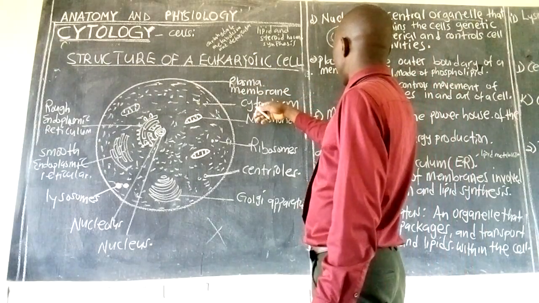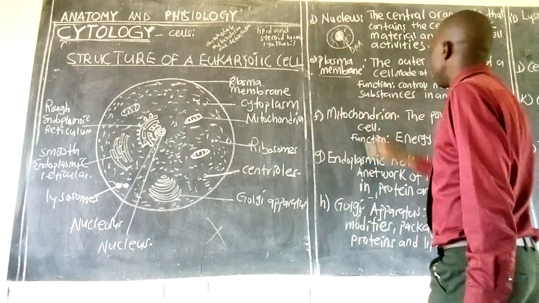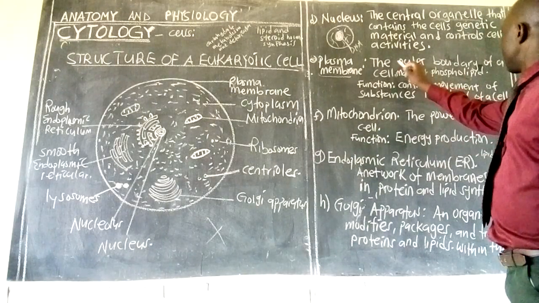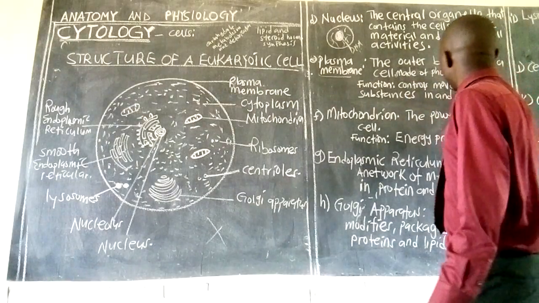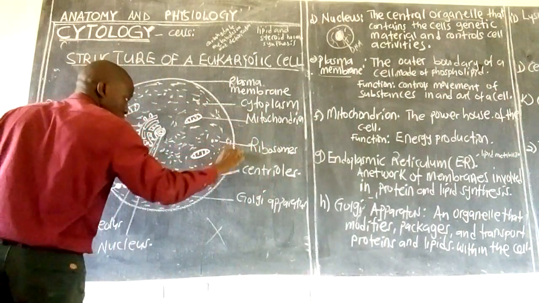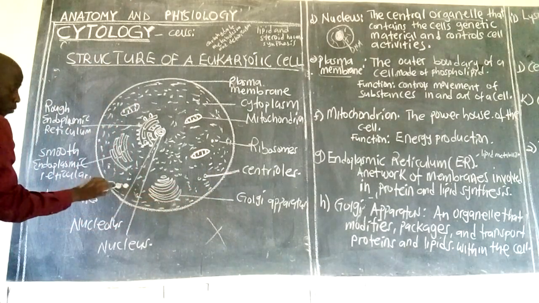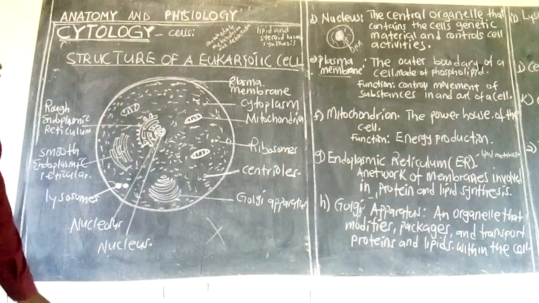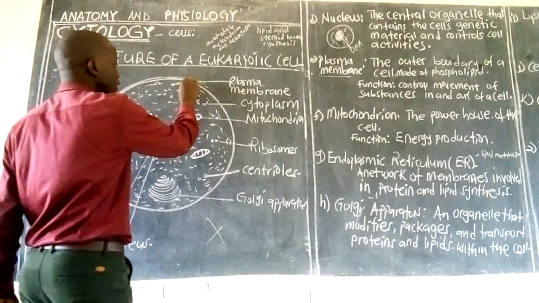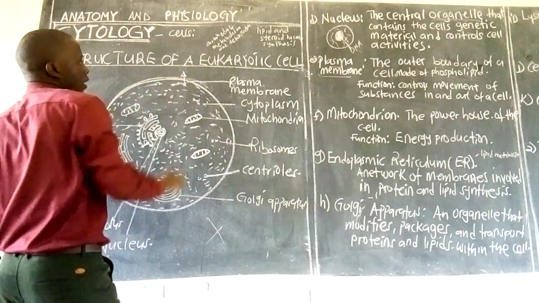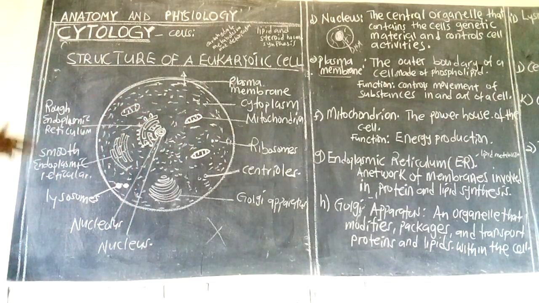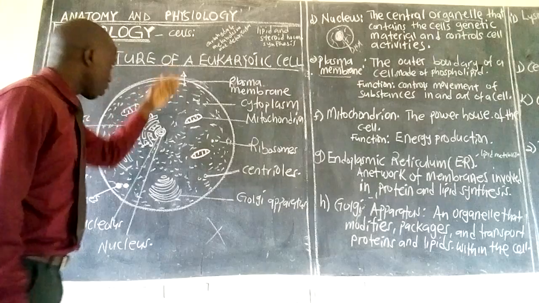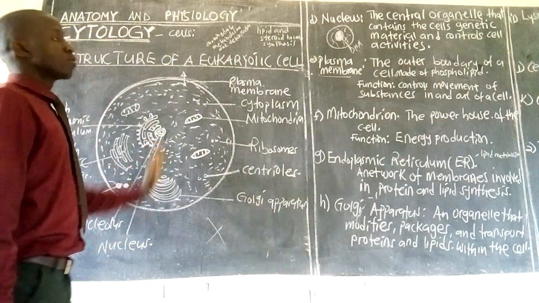The second main component I talked about is the plasma membrane. The plasma membrane is the outer boundary of the cell. One of its functions is to control inward and outward movement of materials. Meaning this plasma membrane can allow some substances to enter and other substances to move out.